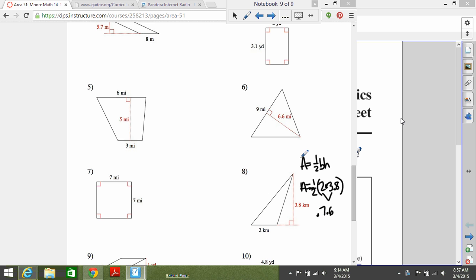What do I change the 1/2 to? What do you get? What'd you get? Good.